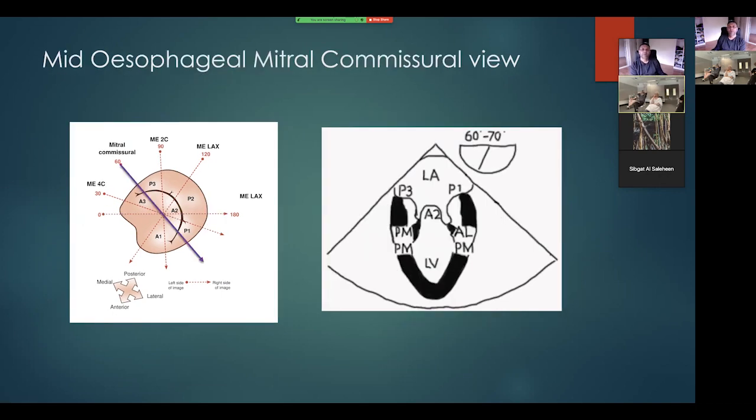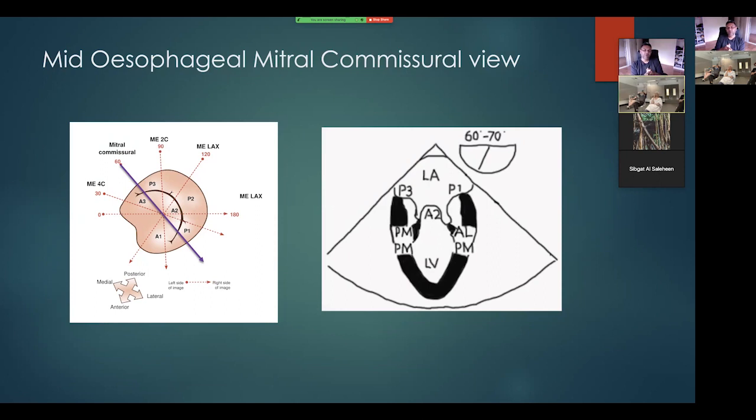Then the mid-esophageal commissural view. For the commissural view, we are at 60 degrees, cutting down here like this. Normally, how I remind myself is that your parasternal long axis view is equal to the mid-esophageal 4-chamber, A2 and P2.